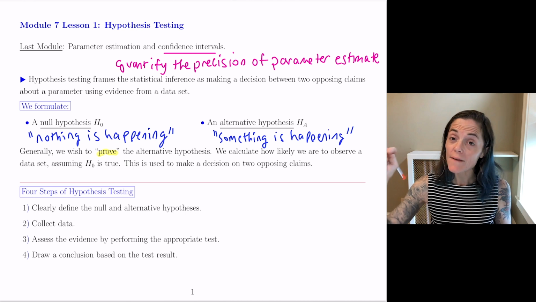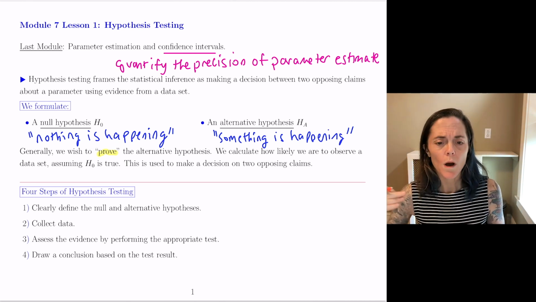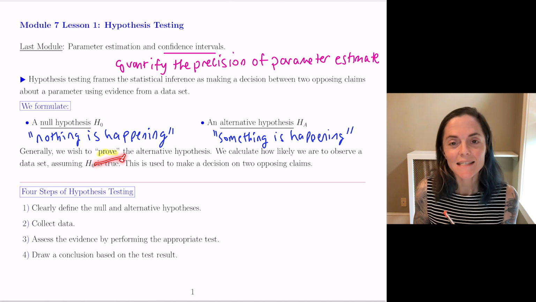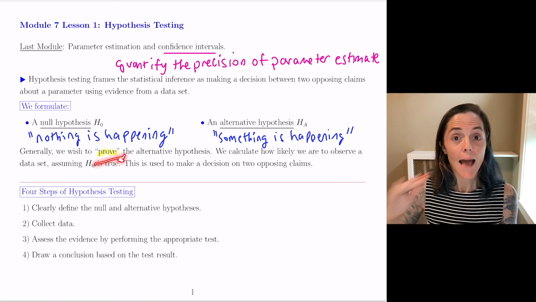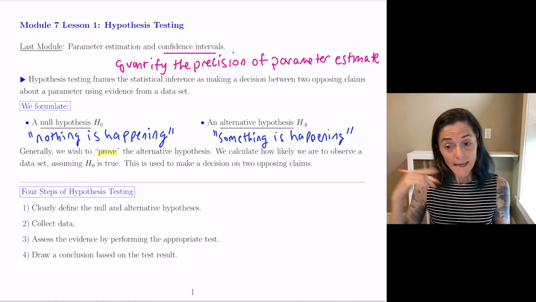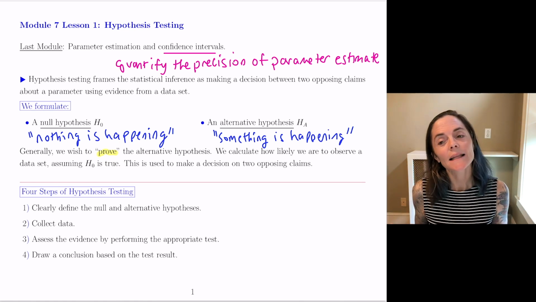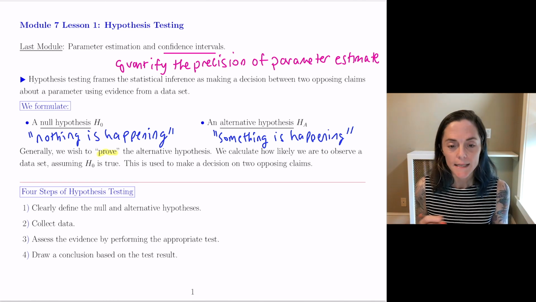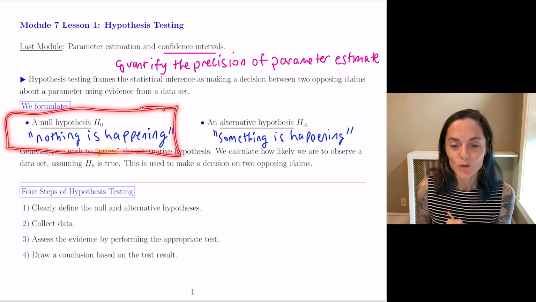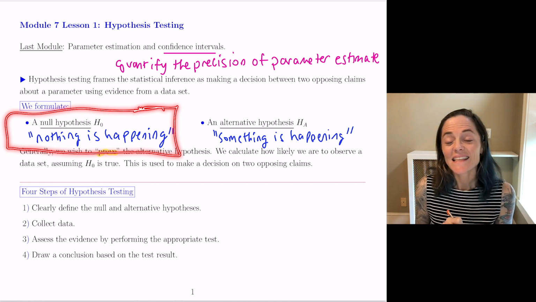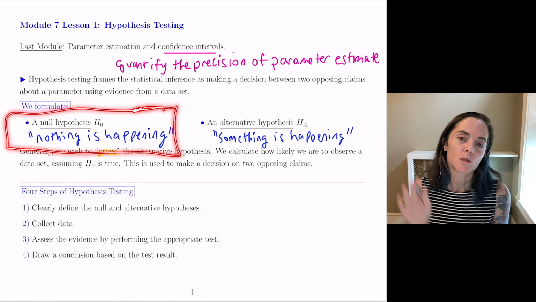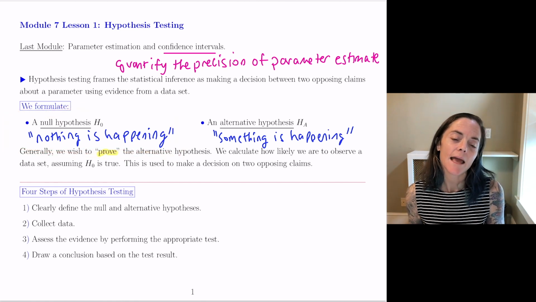But you notice I have this prove in quotes because this is probability and statistics, and nothing is absolute. Nothing is certain. Now, we will calculate how likely we are to observe a data set assuming this null hypothesis is true. And this calculation is used in our decision-making between these two opposing claims.